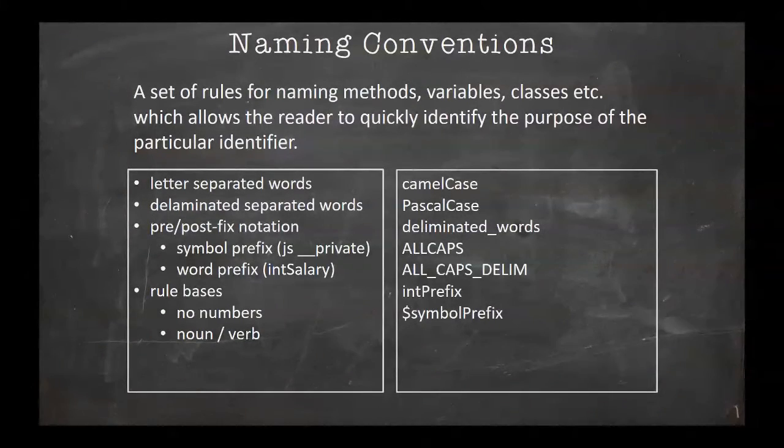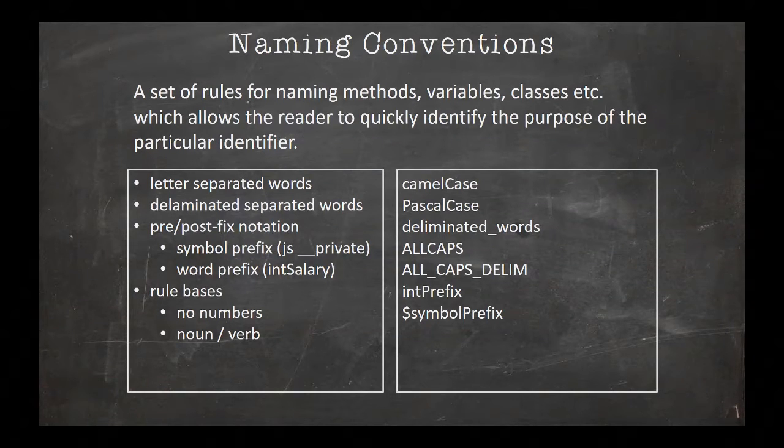Now you'll notice in the last slide I talked about naming and naming appropriately. And this is one of the big things that will often slip when you're in the throes of programming something. Naming conventions are academically a set of rules for naming methods, variables, classes, etc., which allow the reader to quickly identify the purpose of the particular identifier.